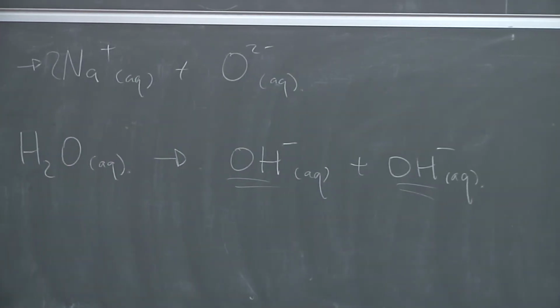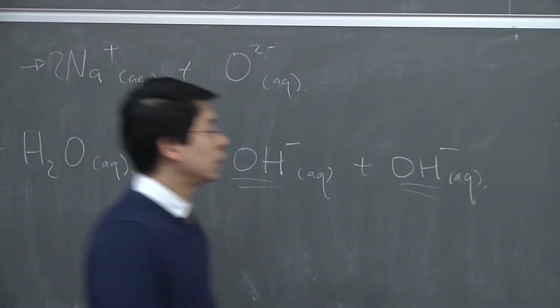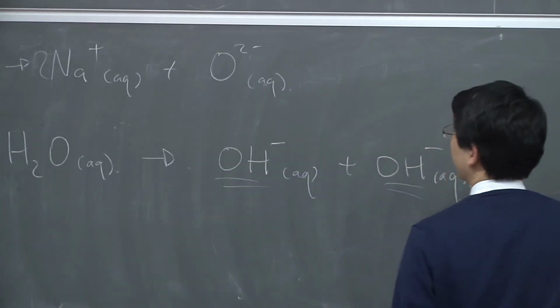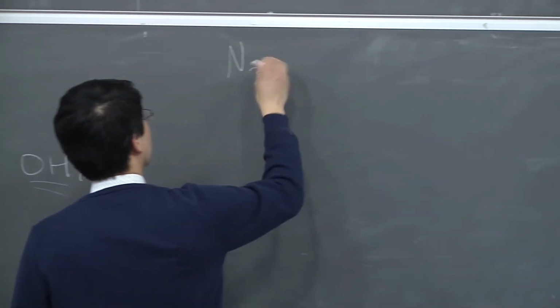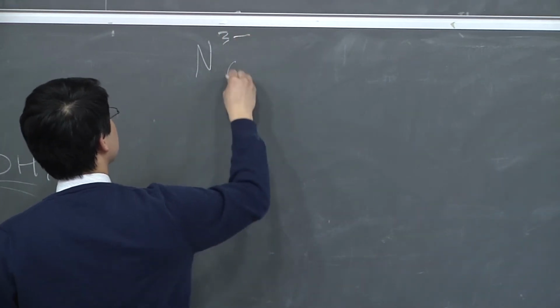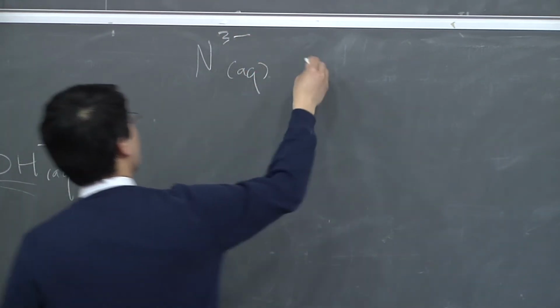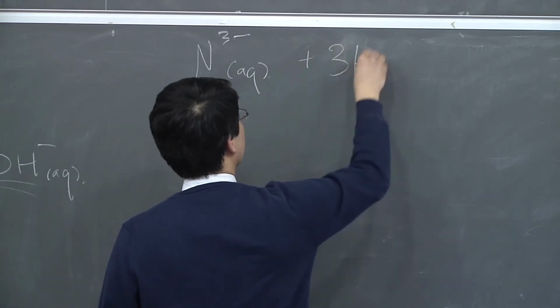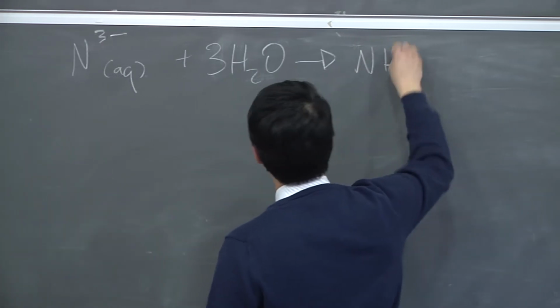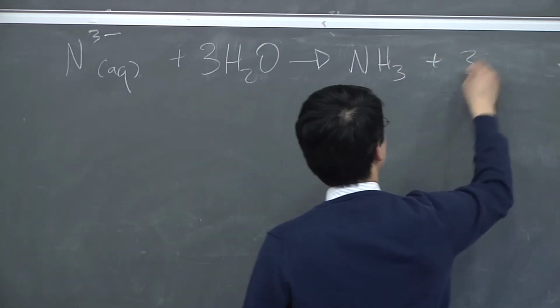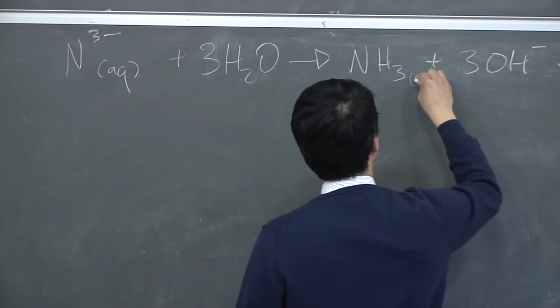hydroxide. Something similar happens for nitride, right? If we did N3-, and we react that now with 3H2O, what do we get? We get NH3 plus 3OH-.